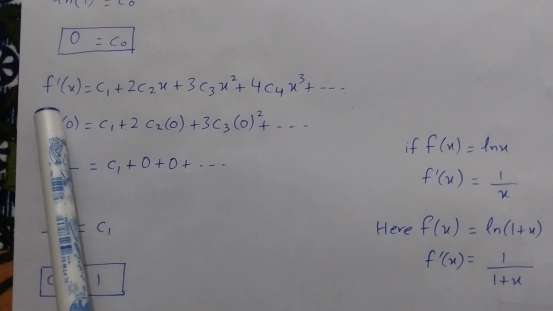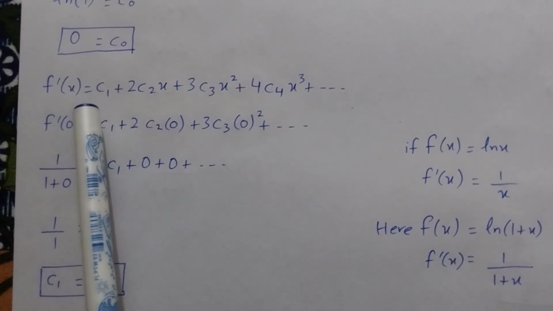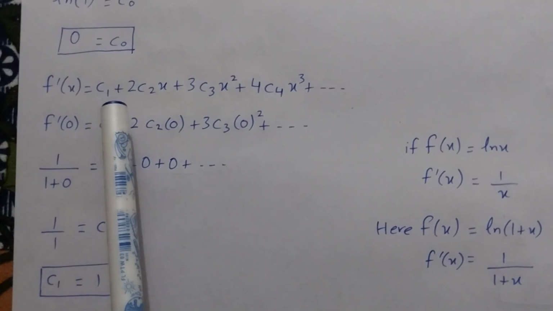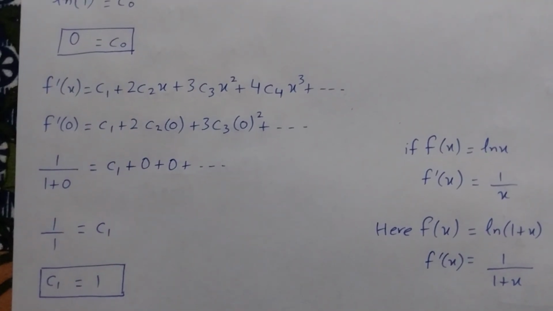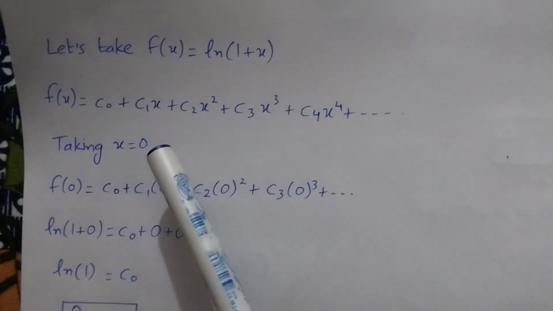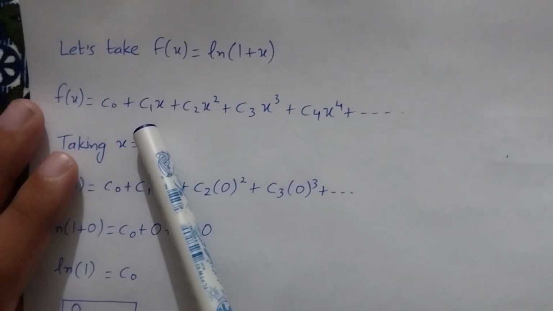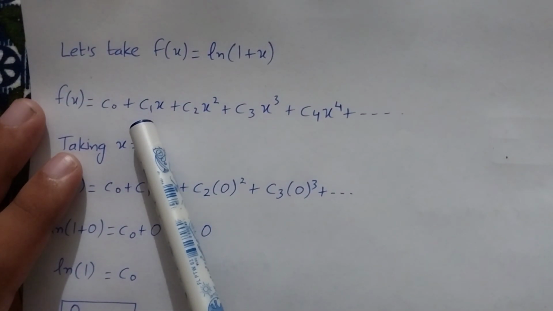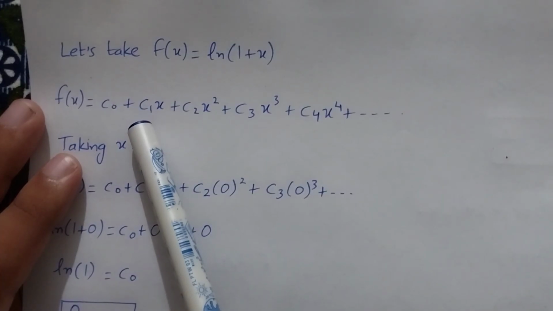When we take its derivative, we get f dash of x is equal to c1 plus 2c2x. We apply the power rule, and when we take the derivative of this term, we get c1.